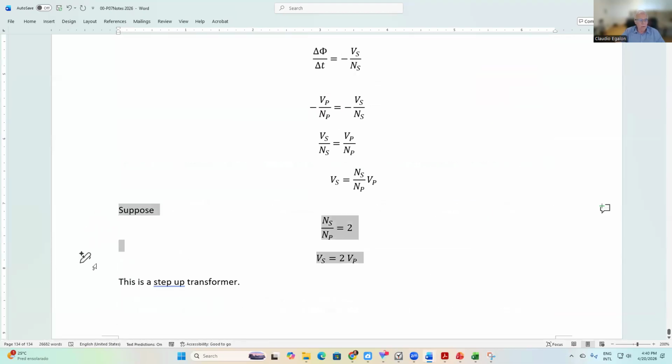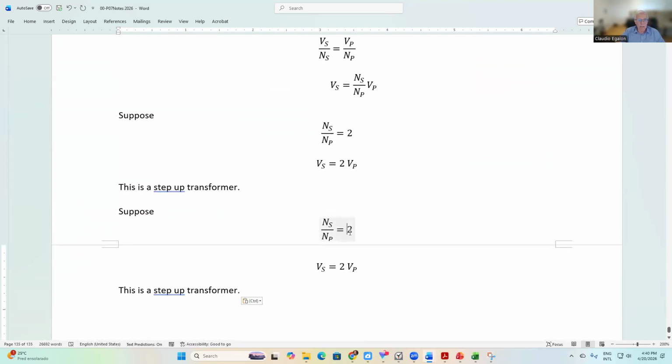Now, suppose, on the other hand, NS over NP is half. The voltage in the secondary transformer would be half the voltage in the primary transformer. That would be a step-down transformer. That's one very interesting result.